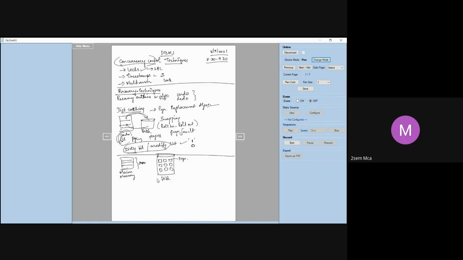Now, when the execution is going on, if a particular page that is required for execution is not there in the memory, then the OS is going to result in a page fault. Page fault means the corresponding page is there in the disk, it is not in the memory, so that page has to be brought from the disk and loaded into the memory, and then you continue with the execution.